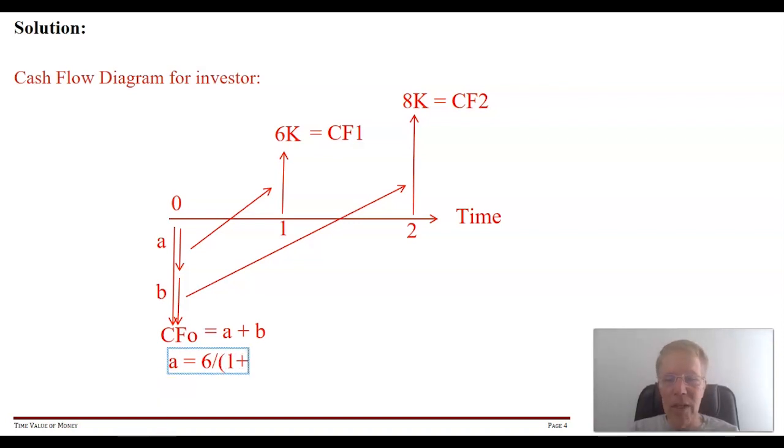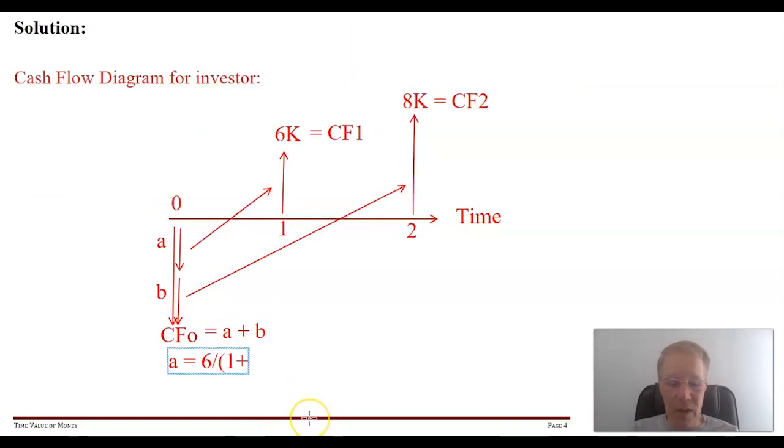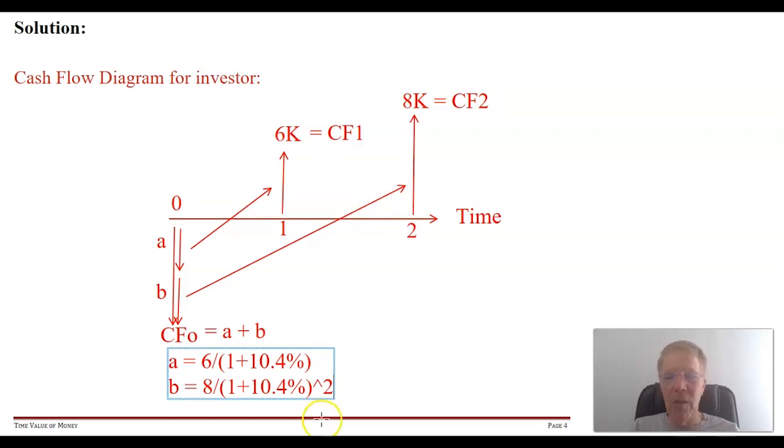So this is 1 plus our interest rate, which is 10.4%. Okay, and B is equal to, same thing, we just got to slide our 8,000 back in time to t equals 0. So that's going to be 8 divided by 1 plus 10.4%. And this has to be discounted back for 2 years.